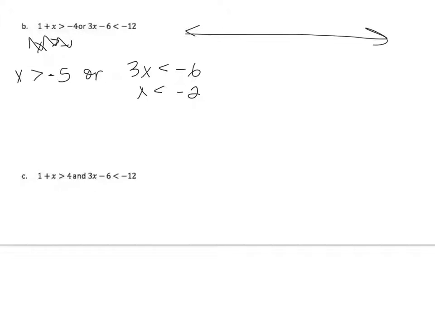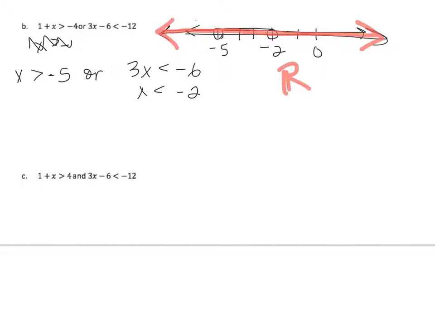It's an or statement. I'm going to have -5, 4, 3, 2, 1, 0. Open dot, x is greater than, and then open dot at -2, x is less than. It overlaps, so it's an or statement. My final solution is actually the entire number line, which is all real numbers.